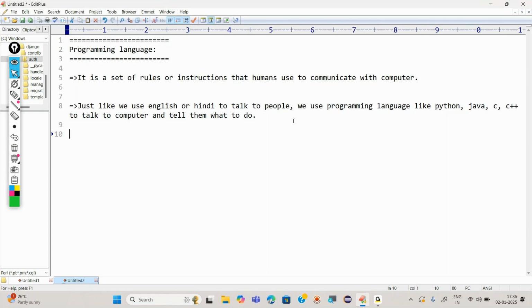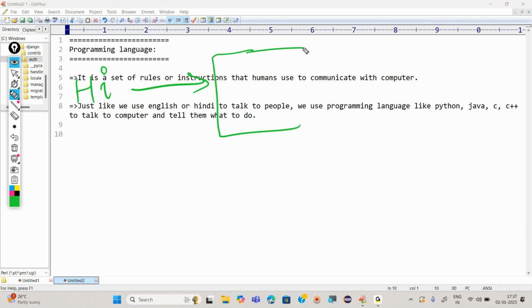See, first of all, a computer can't understand human language. Otherwise, what would be the difference between a computer and a human, right? A computer only knows one language, that is binary language, zeros and ones. For example, if you want to say hi to the computer, the system won't be able to understand this hi.